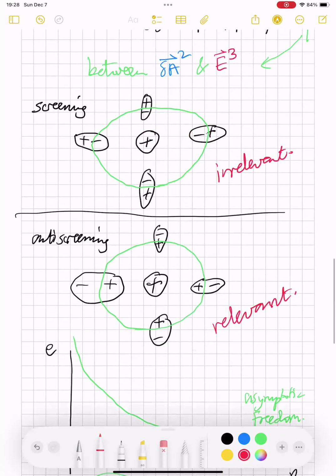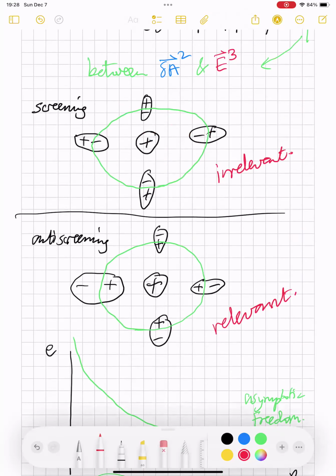And the way that we're going to get our Banks-Zaks CFT is that we're going to exactly cancel the effect of screening against the effect of anti-screening. How is screening performed? Well, screening is performed by charged matter. And how is anti-screening performed? It's performed by your gauge bosons.